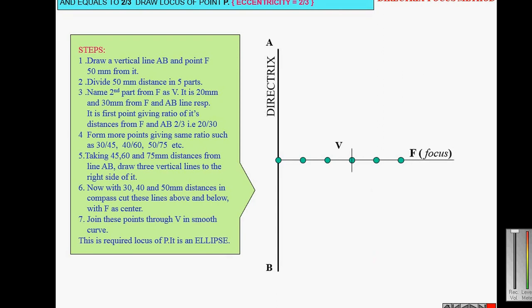Divide the 50 mm into 5 equal divisions and mark the vertex V such that VF is 2 divisions and V to directrix is 3 divisions, so that the condition is satisfied. VF is 2 and V to directrix is 3.